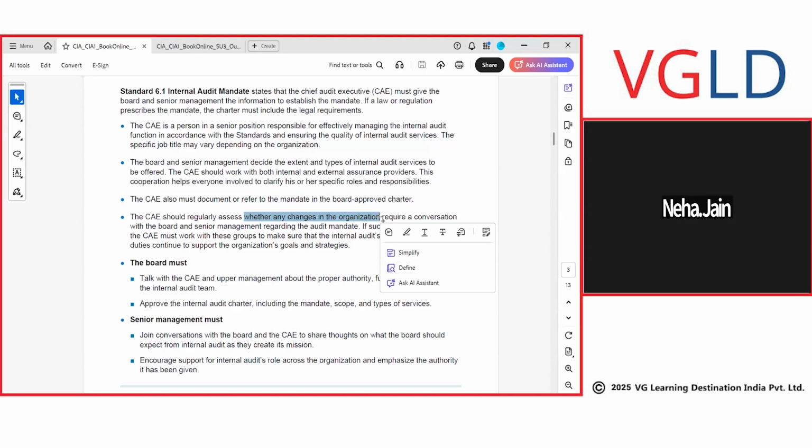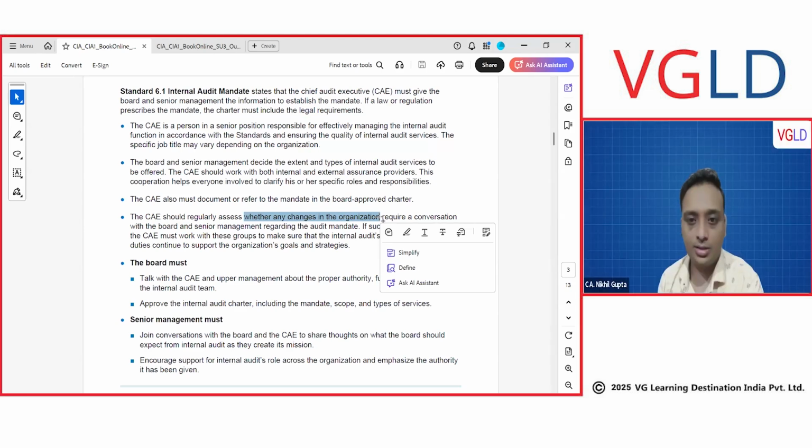If I have to give an example, some particular merger or acquisition that has happened. So basically, if you have a merger, your scope and your review areas will increase, and that has to be taken into account. 100%.